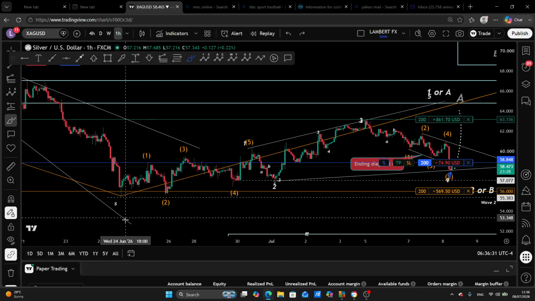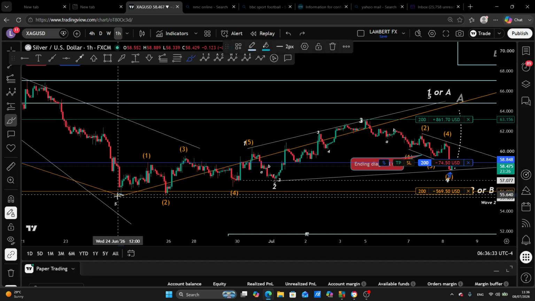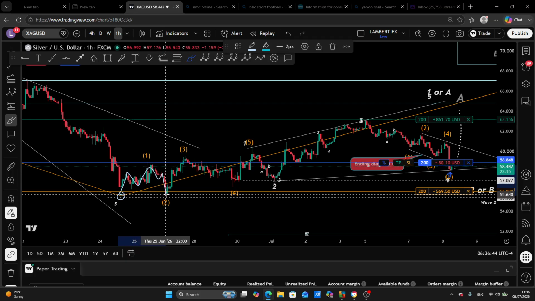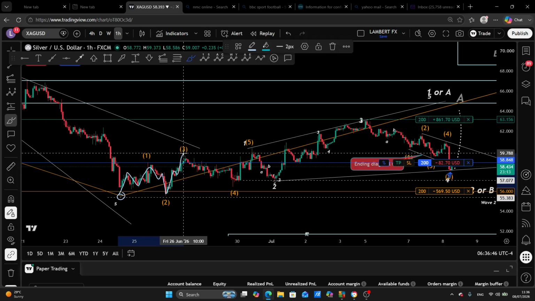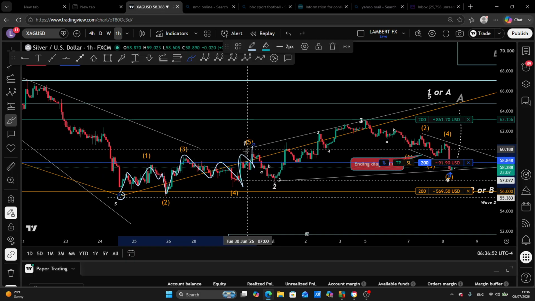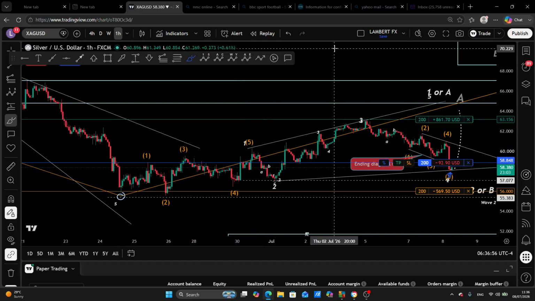For example, this is the start of this leading diagonal. If you look here, you've got 1 2 3 for 1, then 1 2 3 for 2, 1 2 3 for 3, 1 2 3 for 4, and 1 2 3 for 5. So they came in threes.